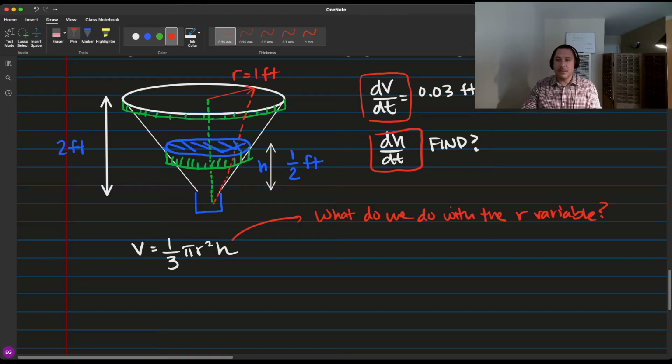Hopefully you can see this right triangle that I'm drawing. This right triangle has the height of the cone, and then on the outside the cone slopes, that's your hypotenuse, and then the base is going to be that radius on top.